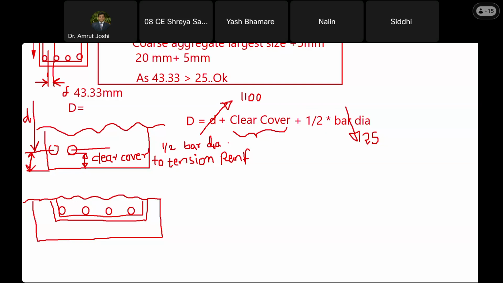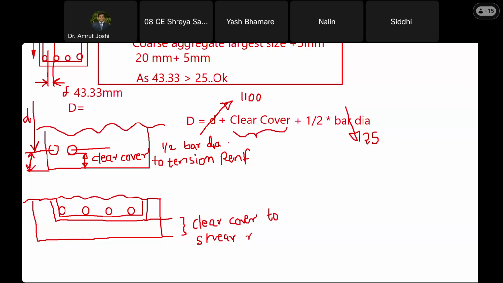Now, this distance is called clear cover to stirrups or to shear reinforcement. Are you with me? Yes, sir. Do you understand that it is different than the clear cover to tension reinforcement?